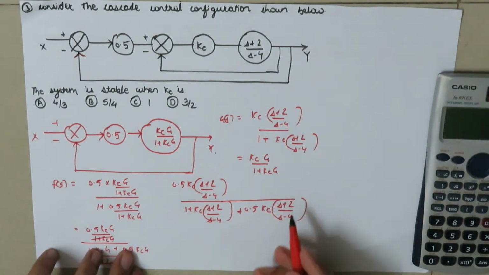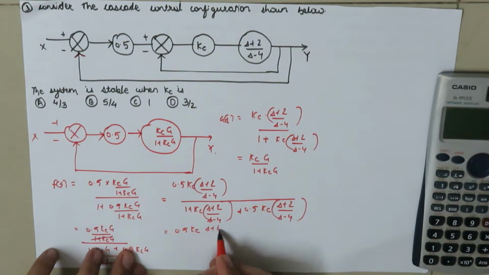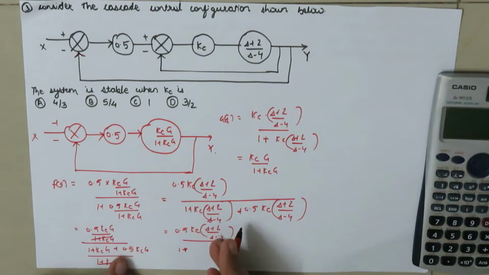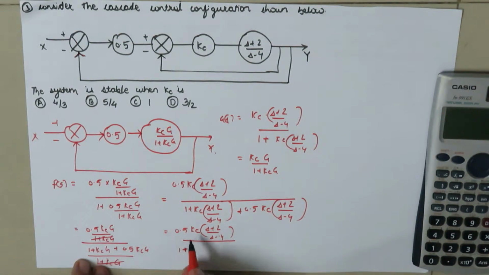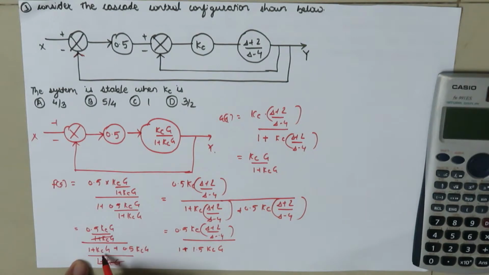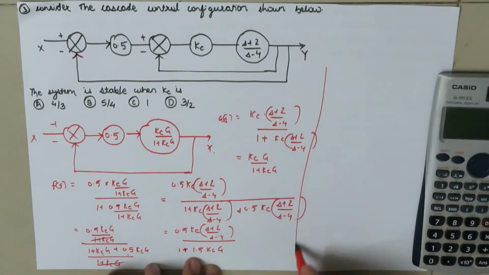And now what we are going to do is simplify this equation. So this will be 0.5 Kc over (S plus 2) upon (S minus 4), and our denominator will be 1 plus, okay, we can modify this as 1 plus 1.5 Kcg, because here we have 1 and here we have 0.5, so we can write this as 1 plus 1.5 times Kcg.